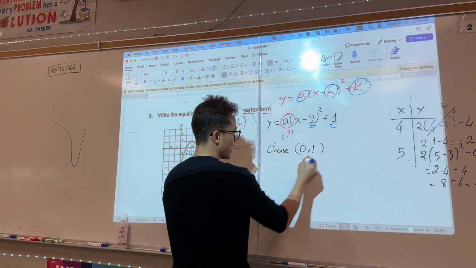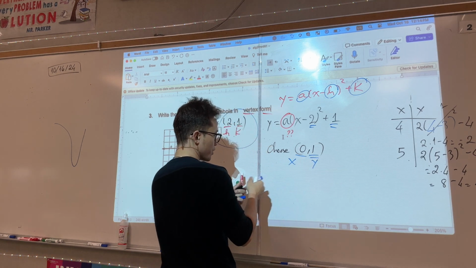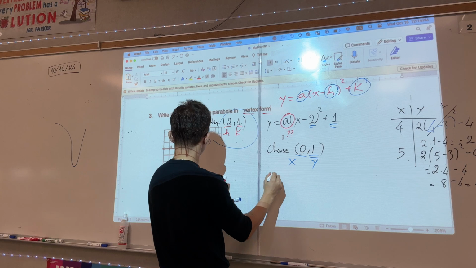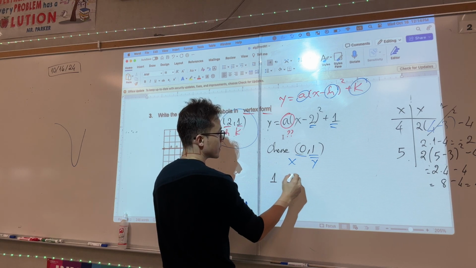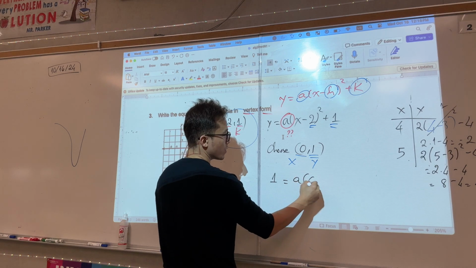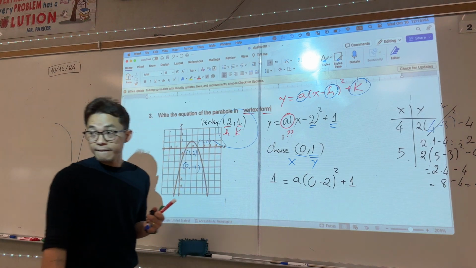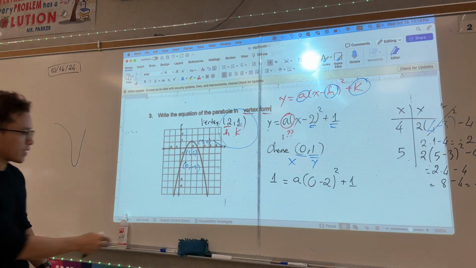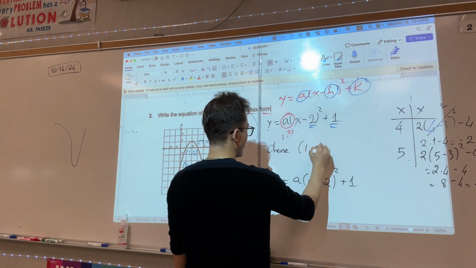That means x is 0, y is 1. So plug it in. y is 1. a, x is 0 minus 2 squared plus 1. Mister, you flipped it. It's 1, 0. Oh, 1, 0. My bad. 1, 0.